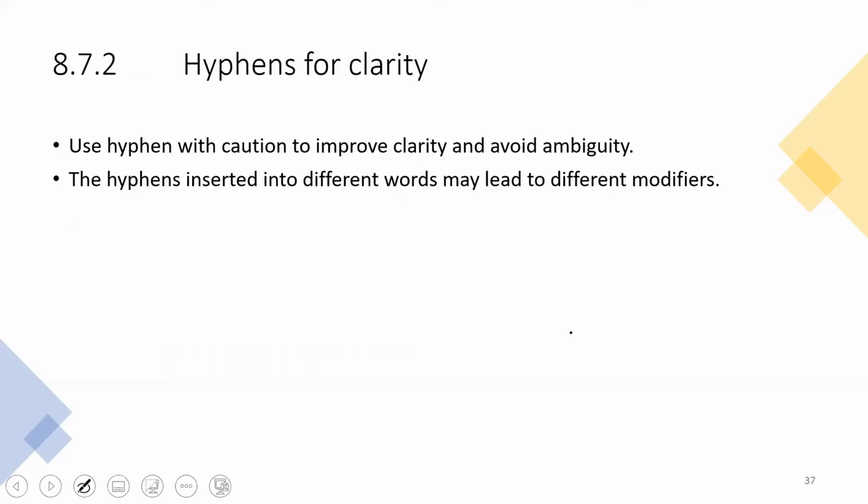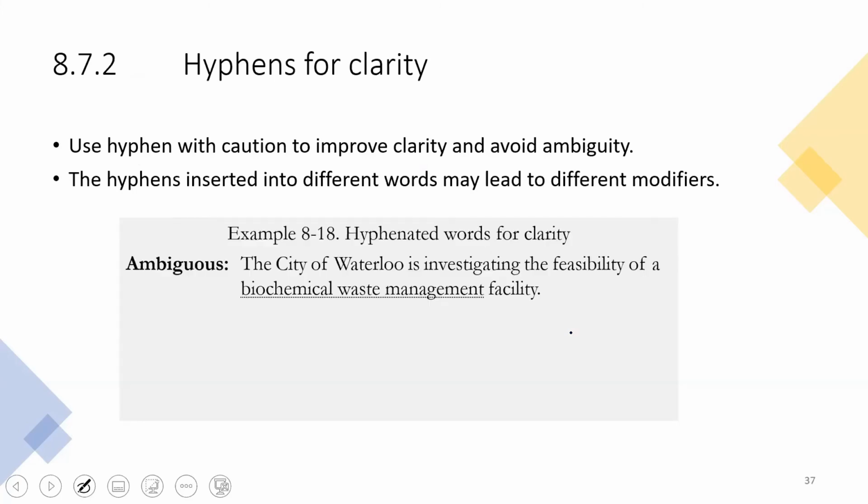Use a hyphen with caution to avoid ambiguity. You're going to see that right now. The city of Waterloo is investigating the feasibility of a biochemical waste management facility. Okay. I underlined biochemical waste management facility: a biological waste management facility, or a biochemical waste management facility?